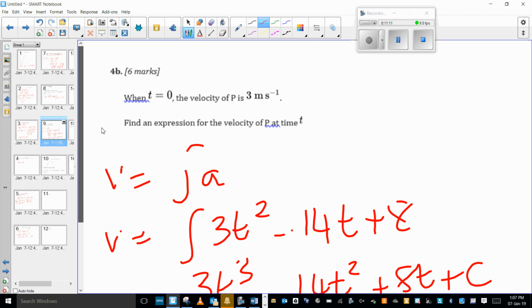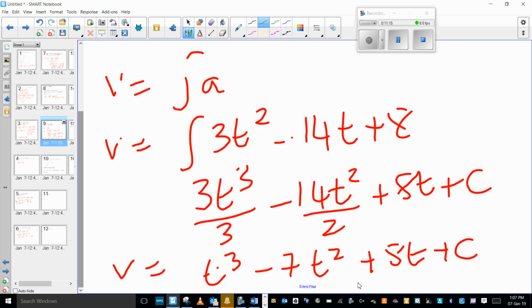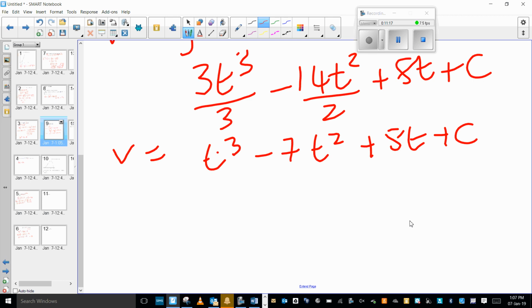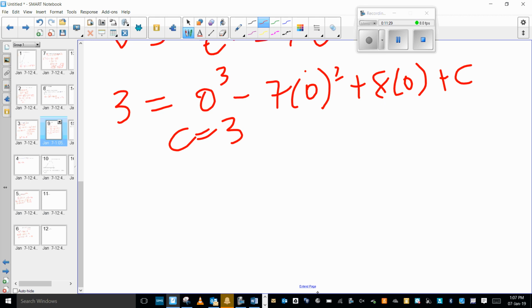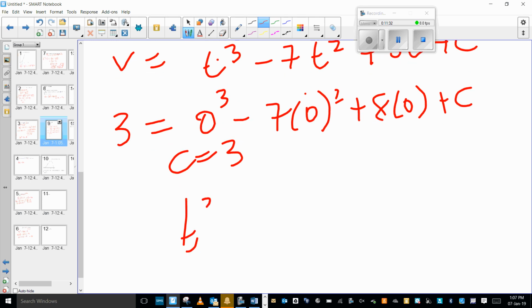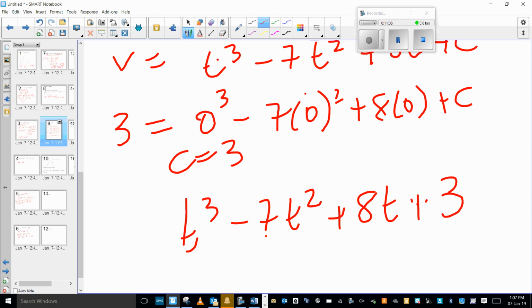But they told us that when t is 0, the velocity is 3. So c is 3. So our expression is t cubed minus 7t squared plus 8t plus 3.